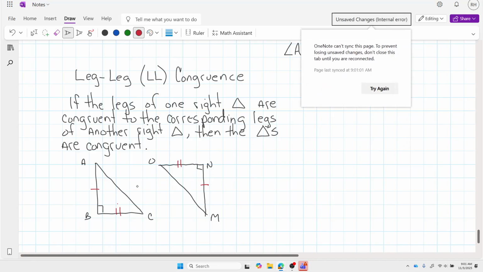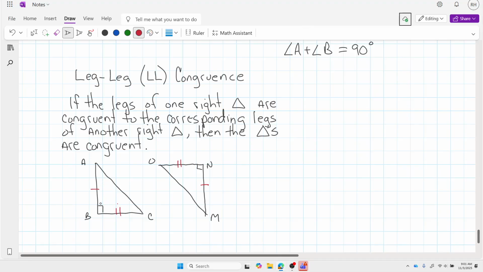That's all the information that you need to determine that the triangles are congruent. You got two legs of one right triangle congruent to two legs of another right triangle. I mean, it's also an example of side angle side congruence, but since it's a right triangle, they're using this leg congruence theorem. So triangle ABC is congruent to triangle MNO.